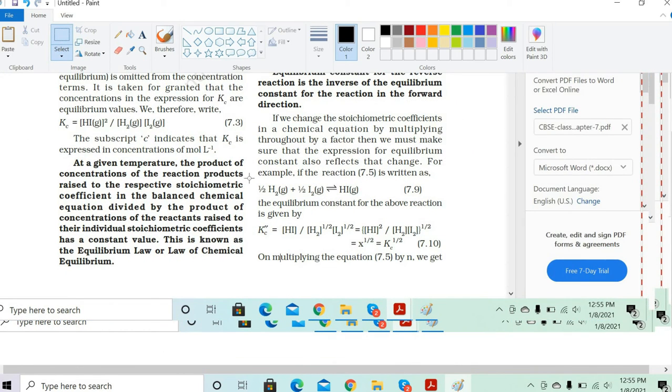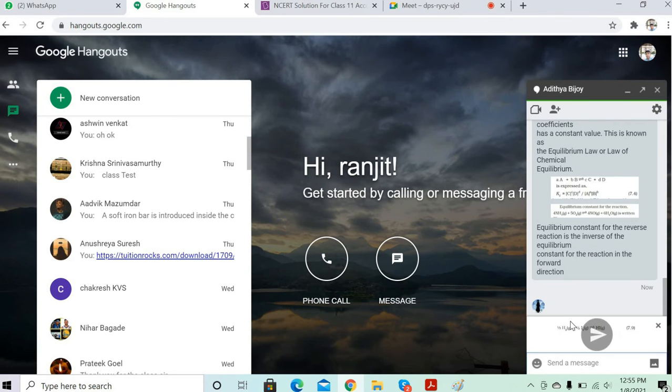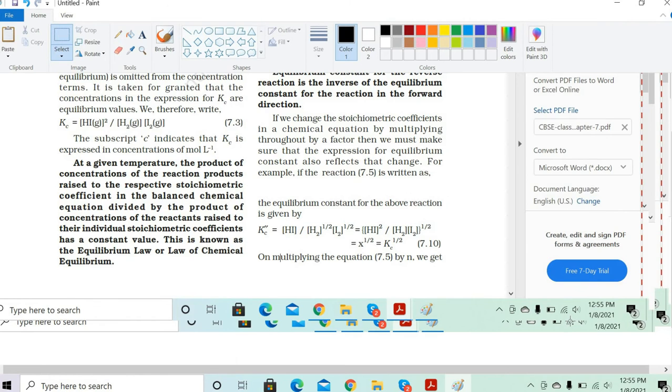So how many moles of hydrogen, how many moles of iodine will come? There's 1 mole of hydrogen, 1 mole of iodine. So divide both sides by 2.